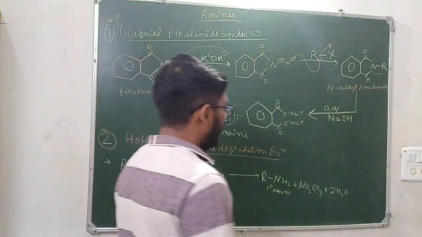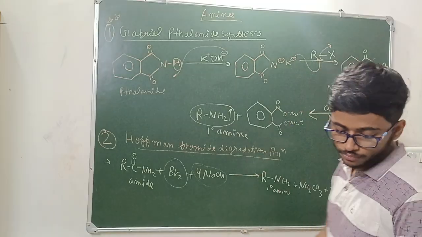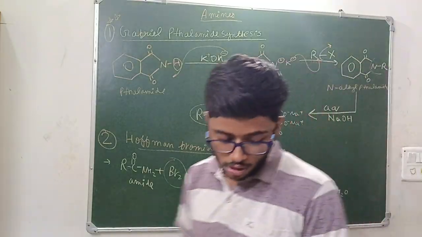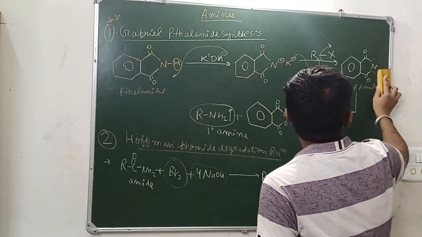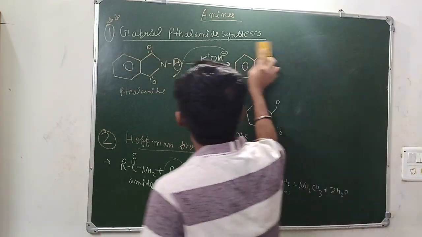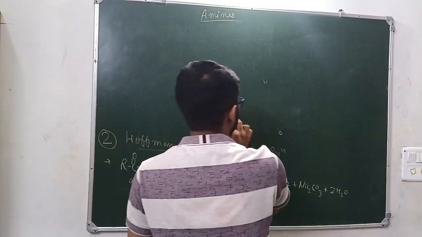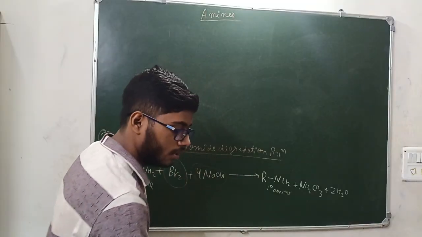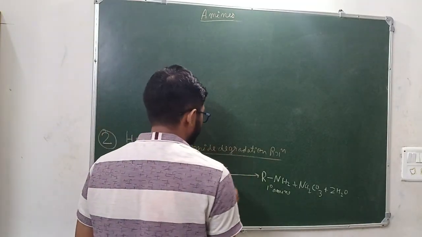Okay, now you can note down these two reactions. Moving on to the further reactions. I will tell you one more important thing about this reaction. This is the Hofmann bromamide degradation reaction.